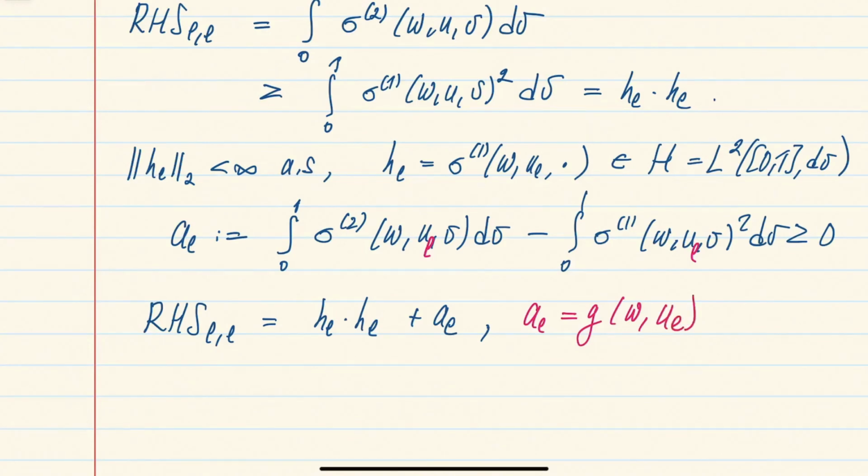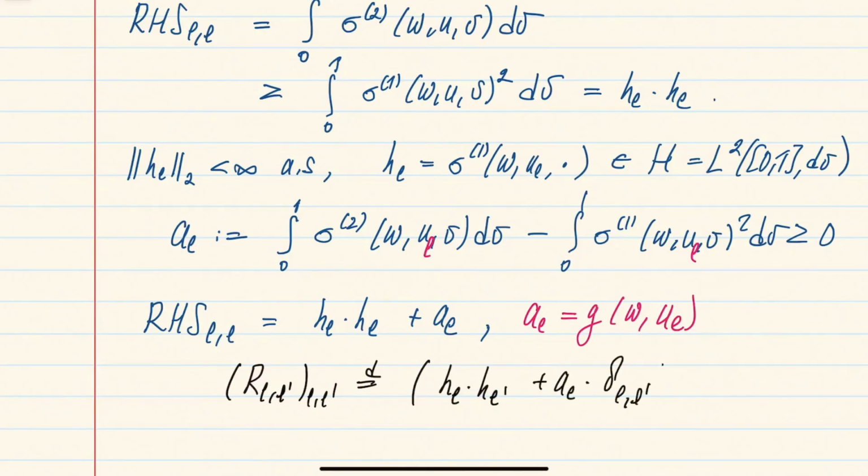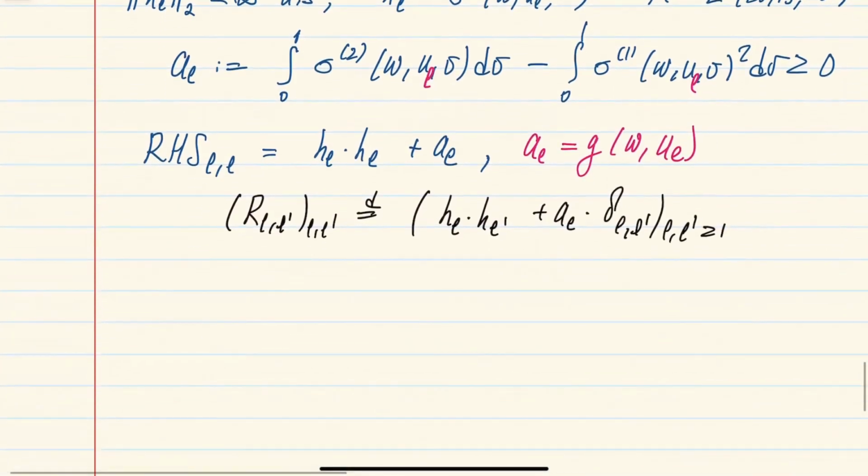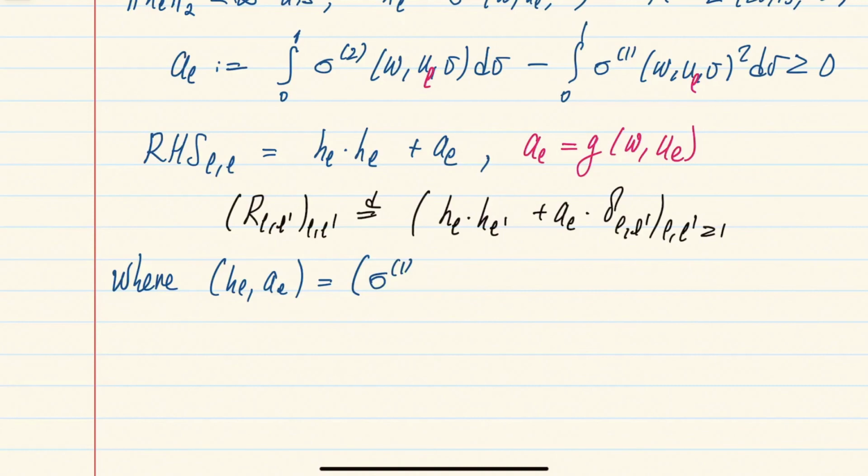And so combining these two statements for off-diagonal and diagonal elements, we showed that our Gram-de Finetti array is equal in distribution to exactly this representation that we wanted. Where H_L was this function sigma 1 of W, U_L viewed as a function of V in L2, and A_L was just this function G of W and U_L.